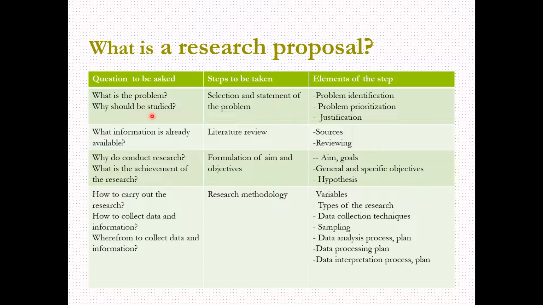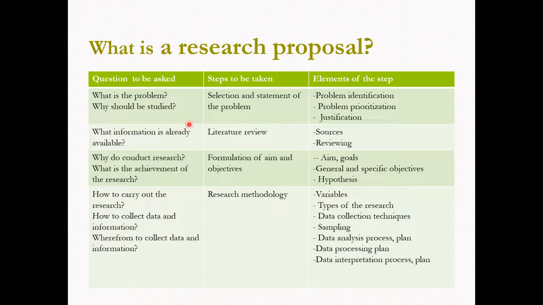These are the key questions which the research institutions or companies who ask for the proposal normally ask. So the step to be taken is the selection and statement of the problem, and the elements of the step which might be required are problem identification, problem prioritization, and justification.